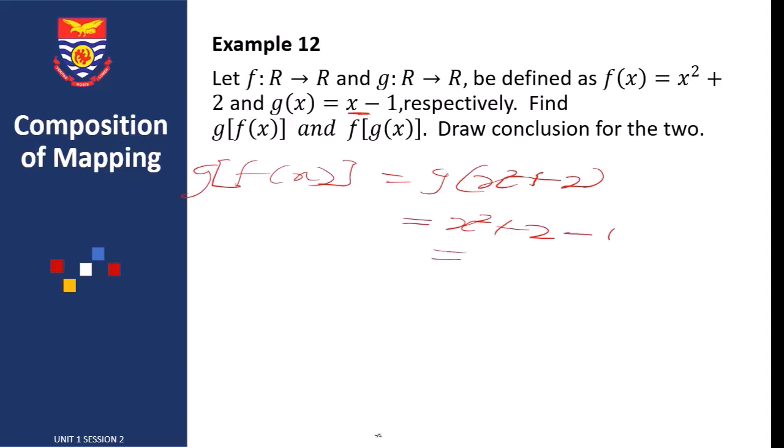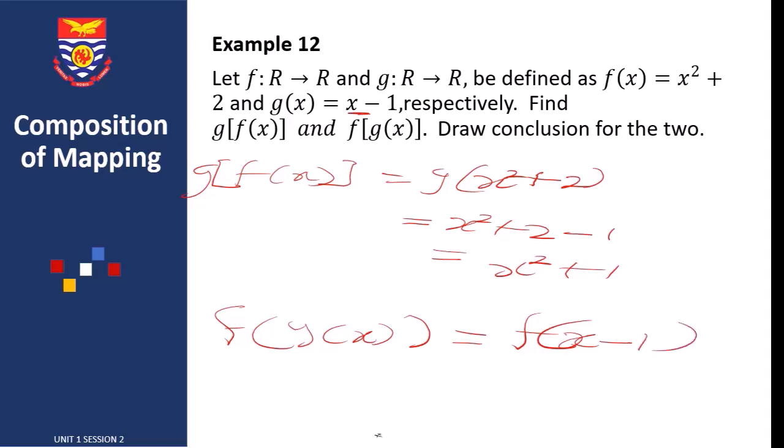Simplifying this, what do you get? You get x squared plus 1 for the function g of f of x. Okay, we look at the next one, f of g of x. Wherever I see x inside f, I put x minus 1.